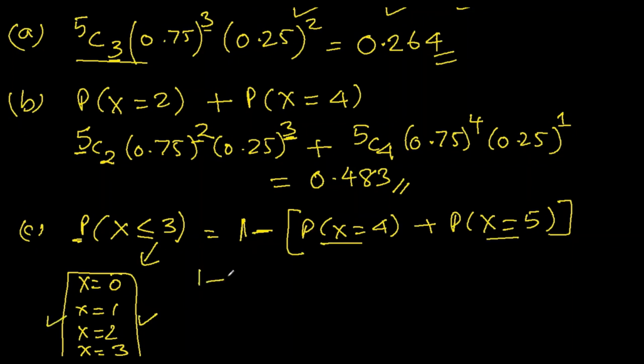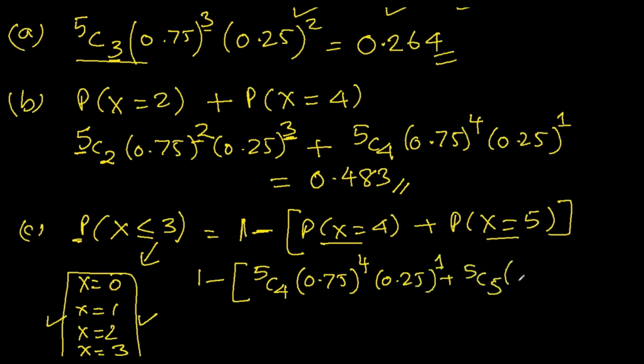So 1 minus 5C4, 0.75 to the power 4, 0.25 will have the remaining 1, plus 5C5, all successes, no failure.